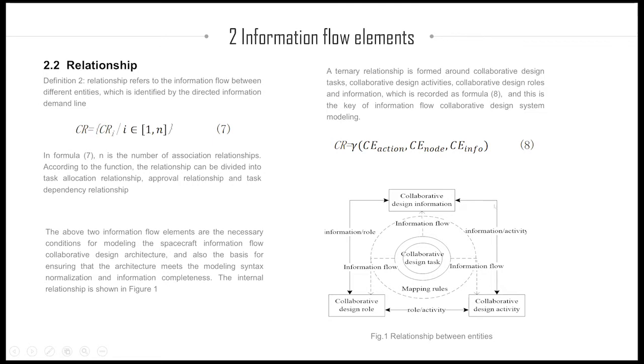And also, a ternary relationship is formed around the collaborative design task, collaborative design activity, collaborative design rules, and information, which is ordered, which is all recorded as Formula 8.